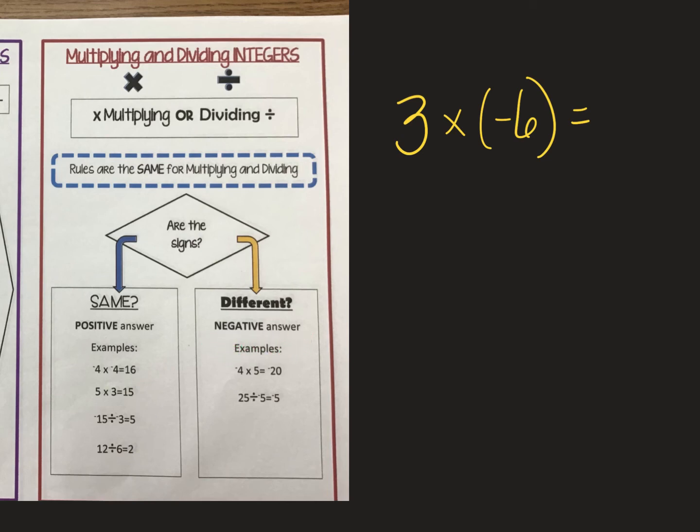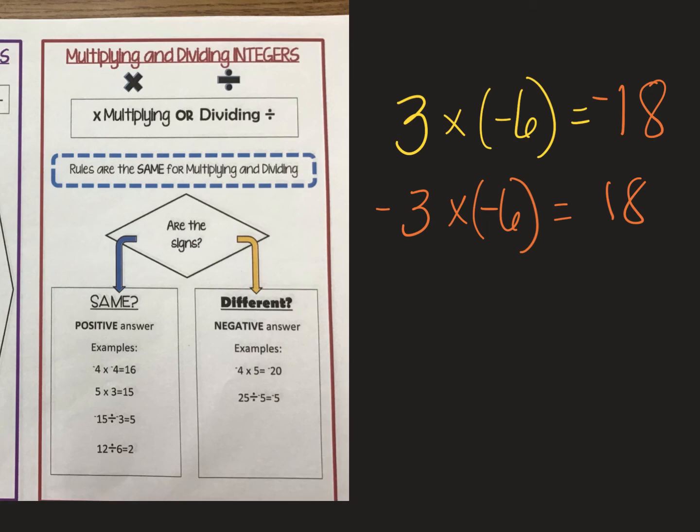So you're going to multiply, and my answer is going to be negative. If I had negative 3 times a negative 6, yes, I would still have 18, but my negatives cancel out. Okay? I always like to put it that way.